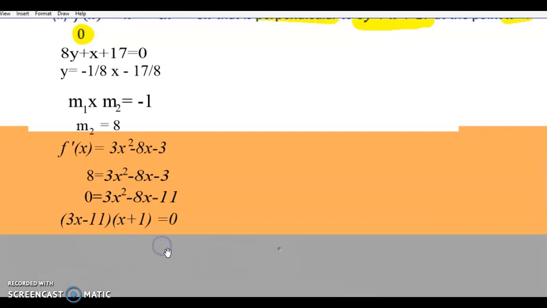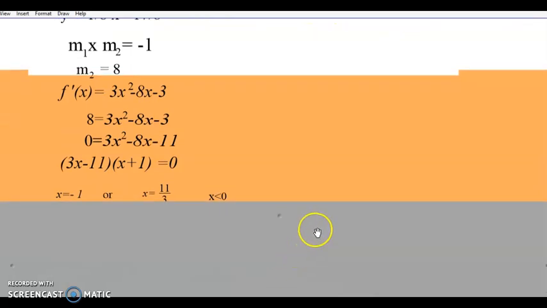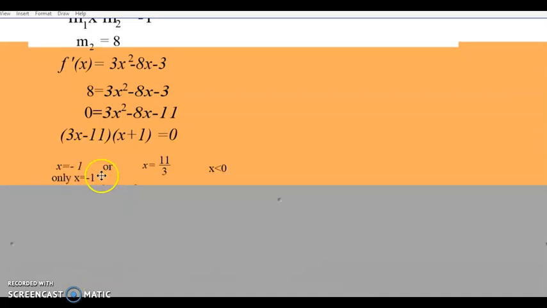Factorize and I get the values of x being negative 1 or x is 11 over 3. But remember, x is less than 0. So the only one that is applicable is negative. I can only use negative 1.